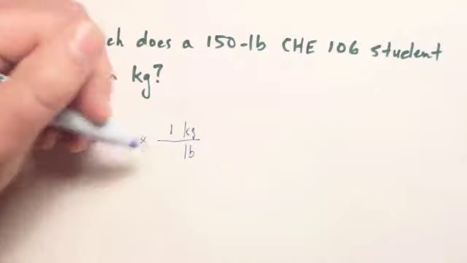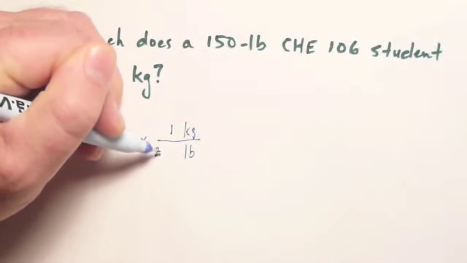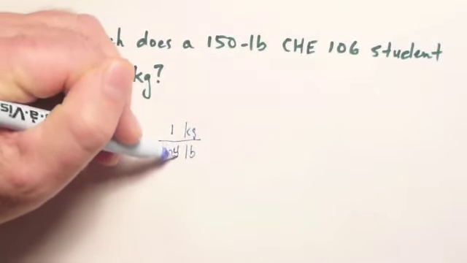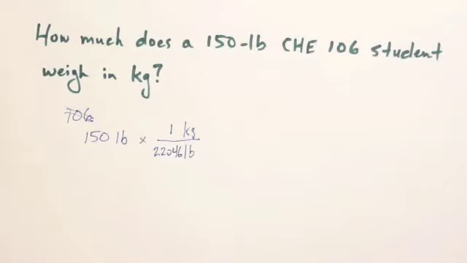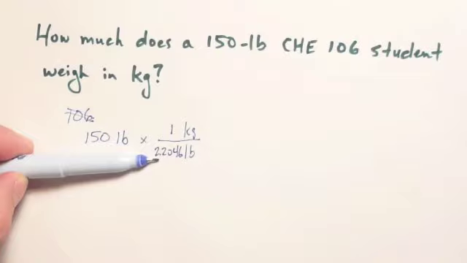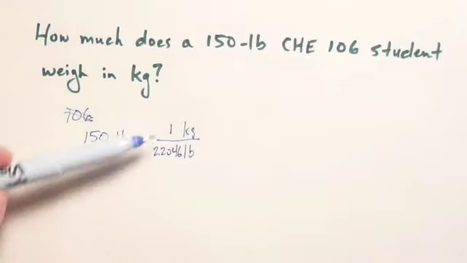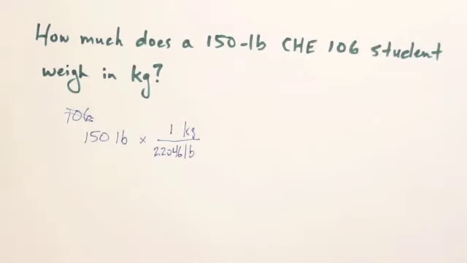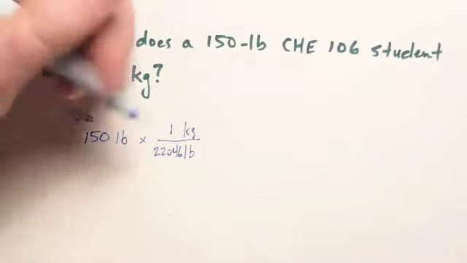So we can say 1 kilogram is equal to 2.2046 pounds. And note that the numerator and the denominator are equal, therefore this ratio is equal to 1, true for all conversion factors. And so what we're doing is we're multiplying by 1. We're not changing the quantity, we're only changing the units.